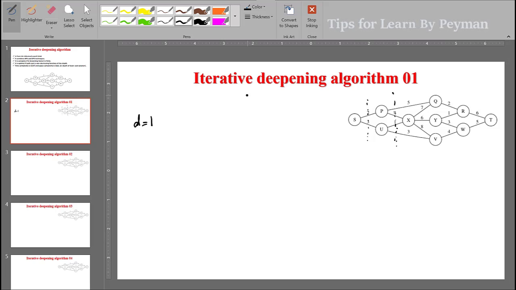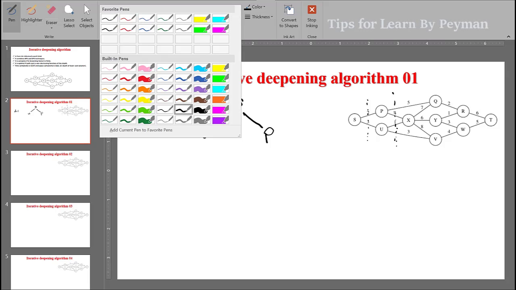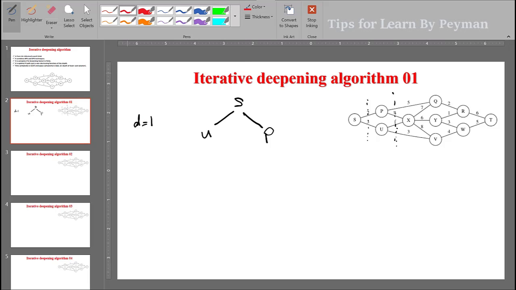So we start from the S, and then we open the left node, which is U, and then the right node, which is P here. And as you see, we do not get to the T or termination vertex, so we just open these vertices in the graph in sequence.